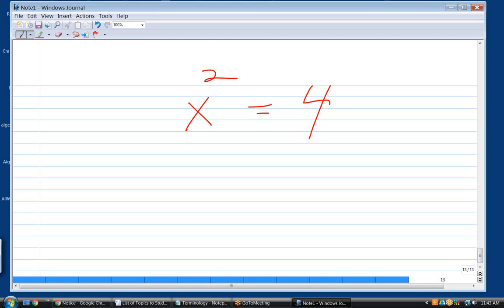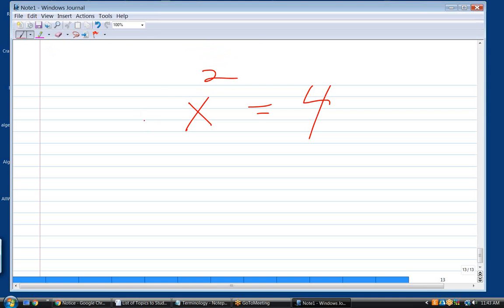What do you do to both sides in order to get that left side to just x? The number we're trying to get rid of is the square, right? So you would find the square root. What's the inverse of squaring something? It's taking the square root of it.